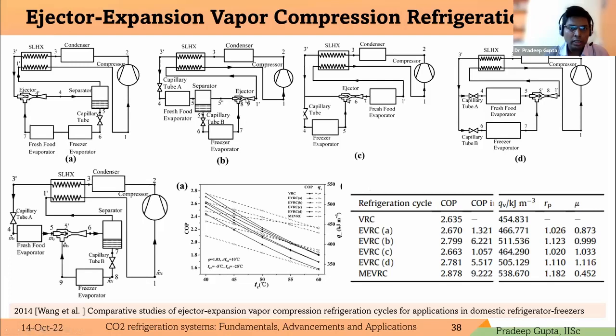In the other case, the ejector has been used after the fresh food evaporator, with the secondary flow coming from the freezer evaporator. They have given 5 different configurations, and this shows these configurations provided a better efficiency of 2.78.